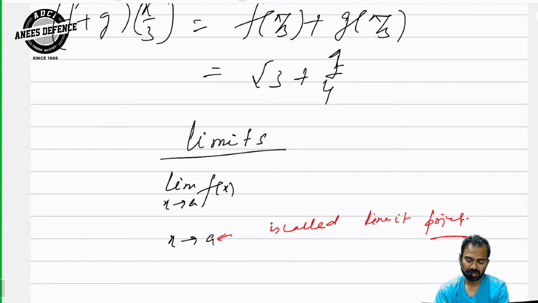And suppose that this is capital A value. This value is the limit value, or only limit.